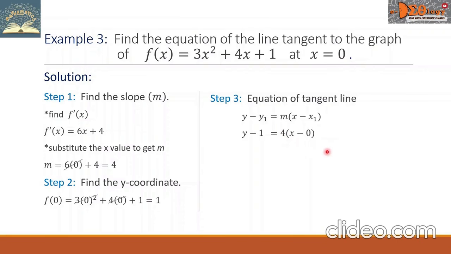We can simplify the right side. 4 times x is 4x. 4 times 0 is 0. So we simplify further by putting this negative 1 on the right side. So from negative, it becomes positive 1. Finally, the equation of tangent line is y equals 4x plus 1.